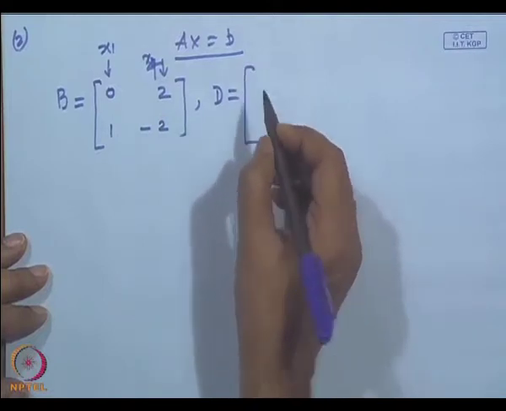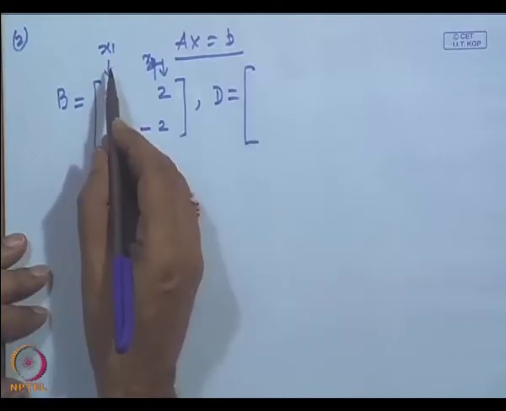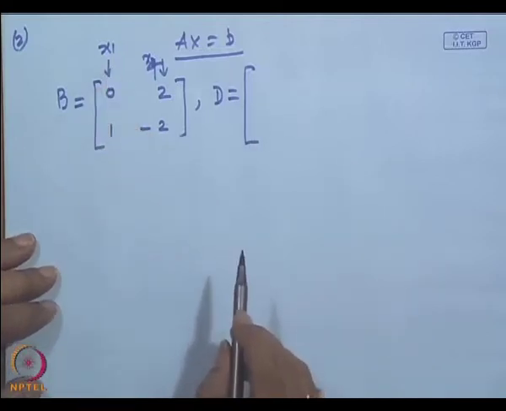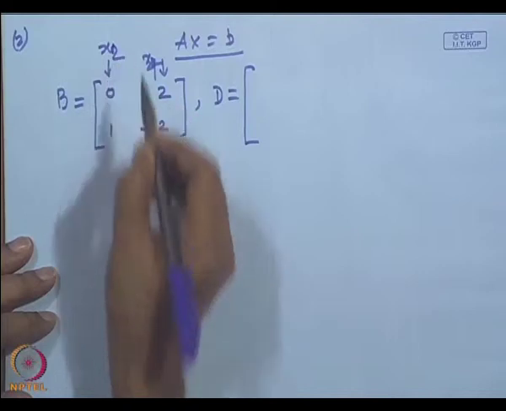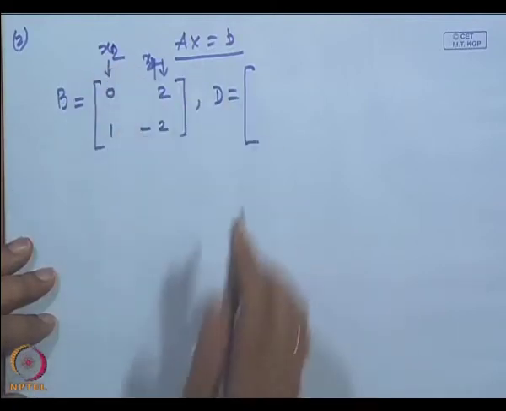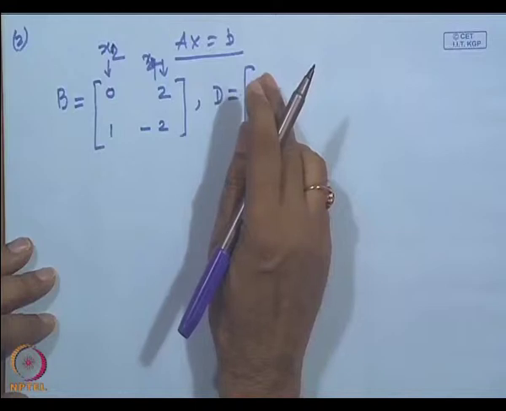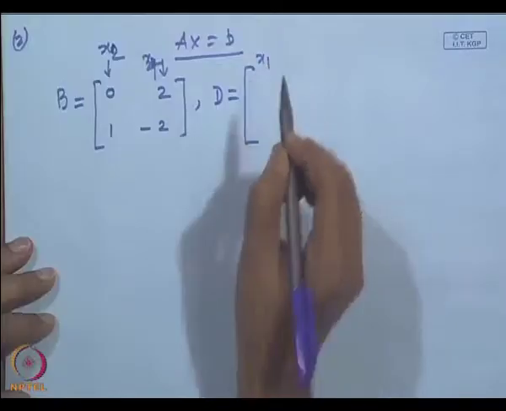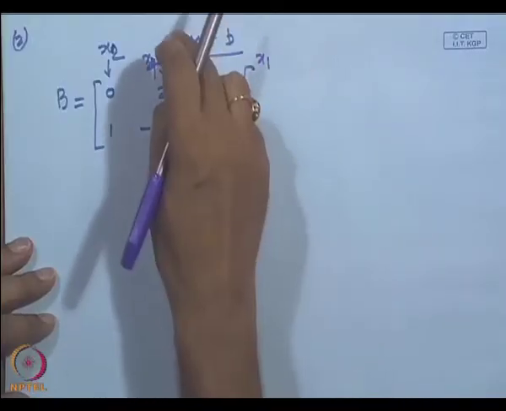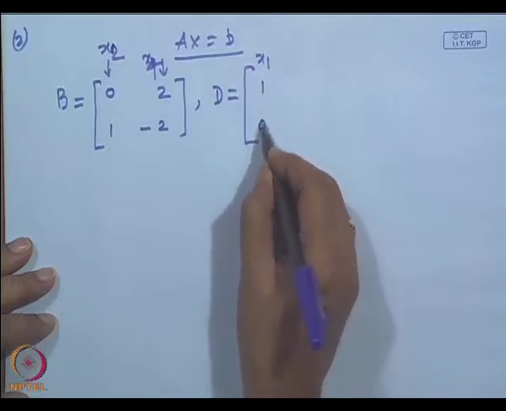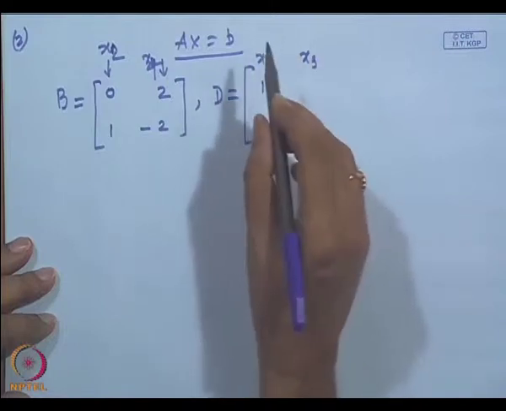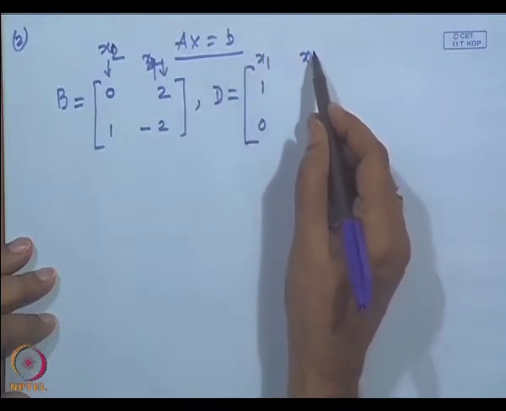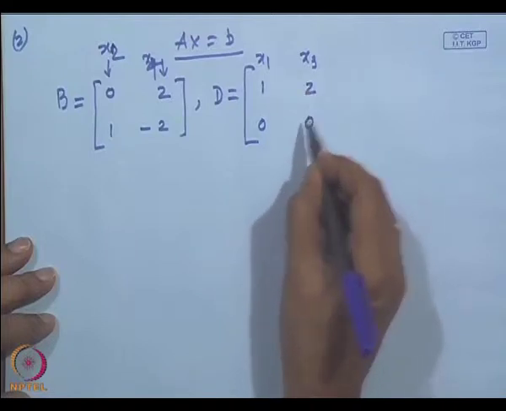Sorry, the basic variables are x 2 and x 4, and the non basic variables are x 1 and x 3. So, the column associated with x 1 in matrix A is 1, 0, and this is a non basic variable. The column in A associated with the non basic variable x 3 is 2, 0.